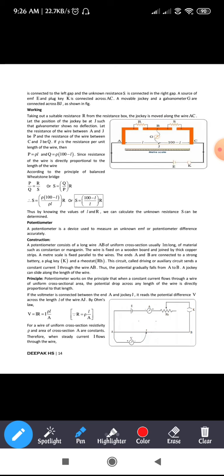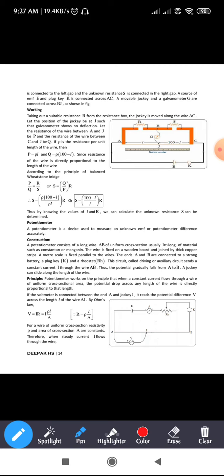You need to say that the potentiometer is the device which gives the accurate value, which measures the accurate potential difference between the 2 points. They are going to ask why. You need to say that when you connect the voltmeter to find the potential difference across any 2 points, the voltmeter draws some amount of current from the circuit and then shows the voltage, which is not the accurate value.